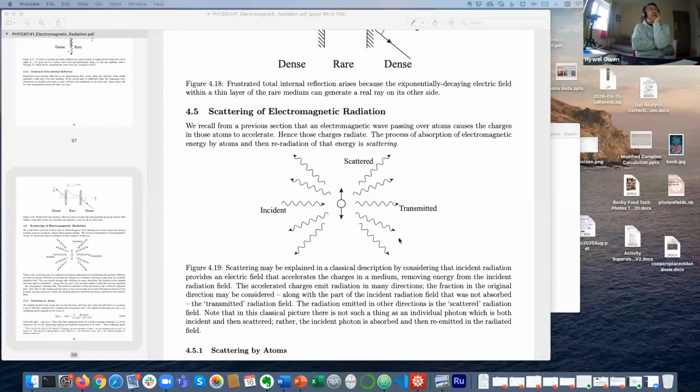The first thing to be aware of when we talk about the scattering of electromagnetic radiation, you can see here from our picture, figure 4.19, is that if I have low frequency electromagnetic radiation, where low frequency here means that the photon energy is small in comparison with the electron rest energy, then there is no significant transfer of momentum from the radiation to this electron.